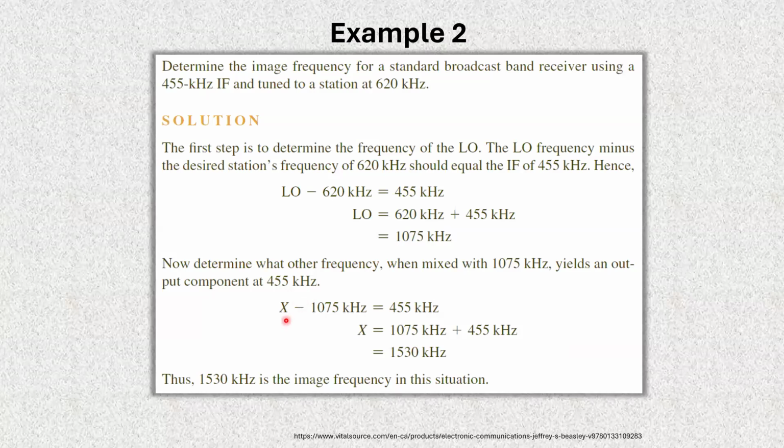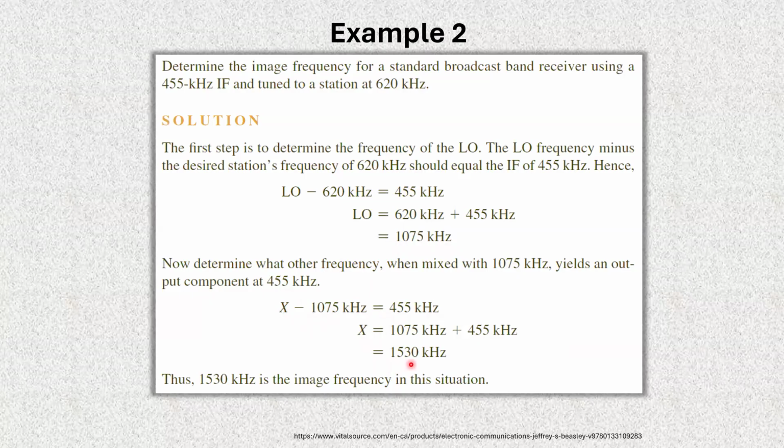So what would be the other frequency that, when you subtract the result here, is going to give us that? Simple equation, rearranging things. So the image frequency of significance would be 1530.